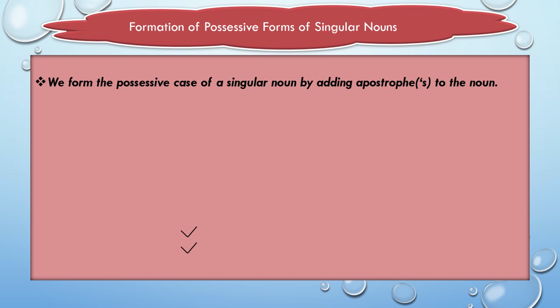Okay children, see the examples. This is Mohan's book. See, this is Mohan apostrophe s book. To show the possession, we add apostrophe s to the singular noun. Mohan is singular, so we have added apostrophe s to show possession.